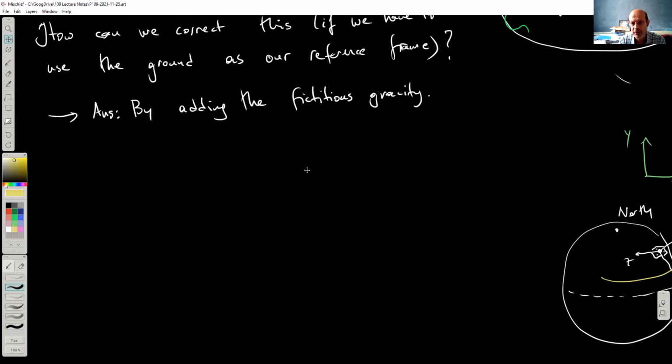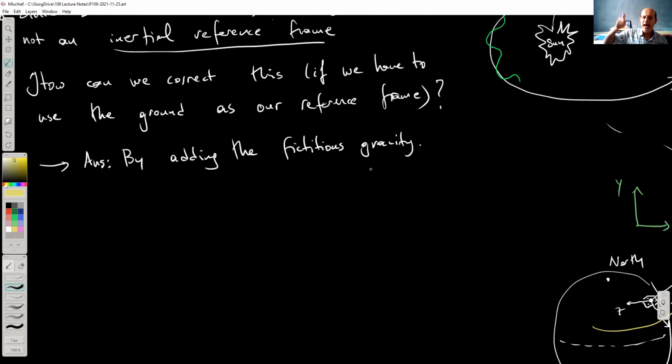What I need to do is compute the acceleration of the ground in here because of the spinning motion of the Earth, and then we will look at the corrections. Let's first of all do the calculation like this. So this is the Earth.